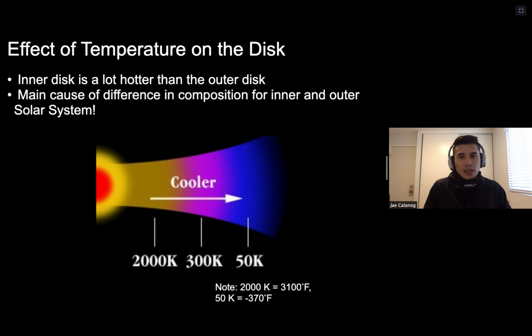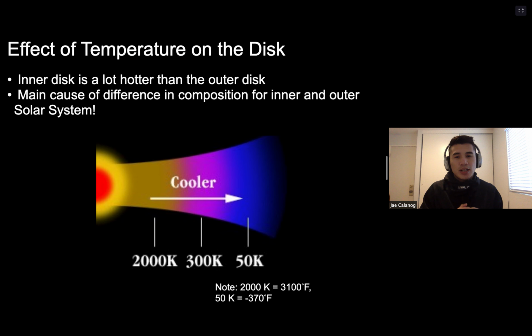It turns out the temperature within the disk itself plays a huge role in explaining why planets are arranged the way they are in our solar system. Simply put, the inner disk, the part closest to the sun, is a whole lot hotter than the outer disk.